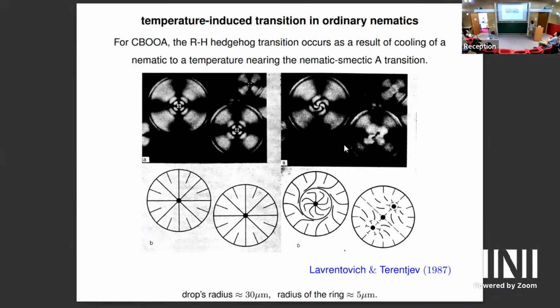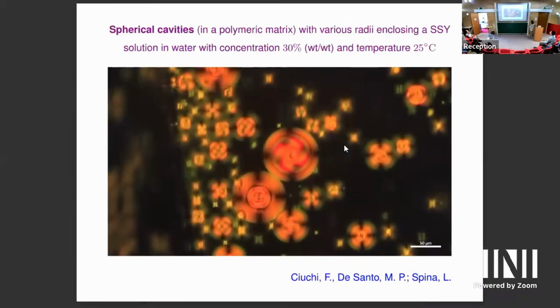The classical theory describes well the situation for ordinary nematics, but as we will see in the following, it seems to not well characterize the defect core that chromonics generate when they are confined into spherical cavities, enforcing homeotropic boundary conditions.